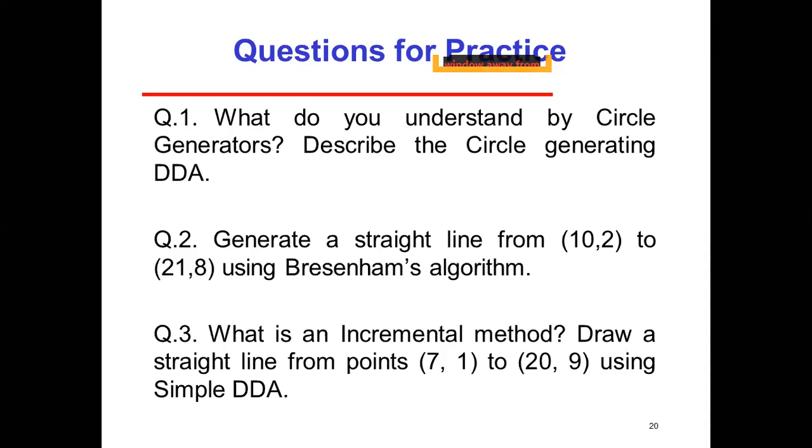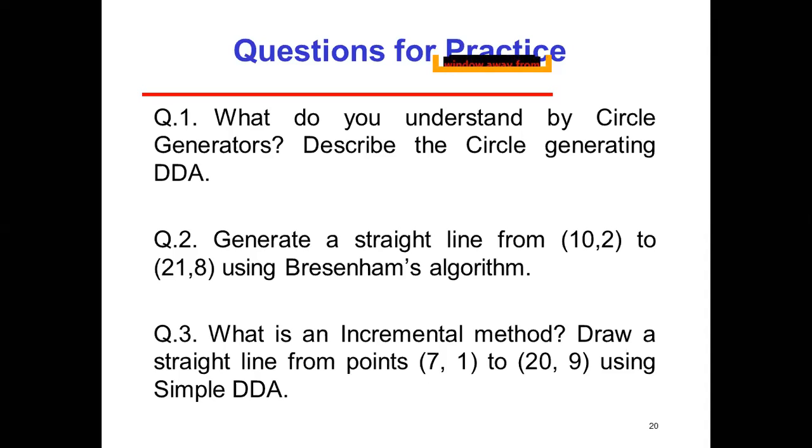The second question is also long answer type, but it is a numerical. Generate a straight line from (10, 2) to (21, 8) using Bresenham's algorithm. We have already studied the Bresenham algorithm.